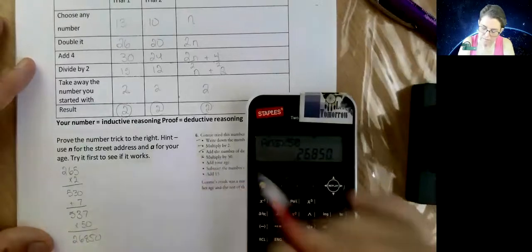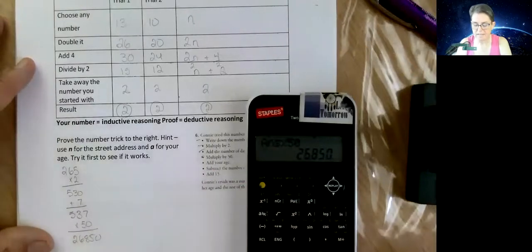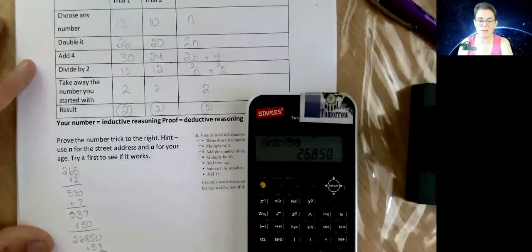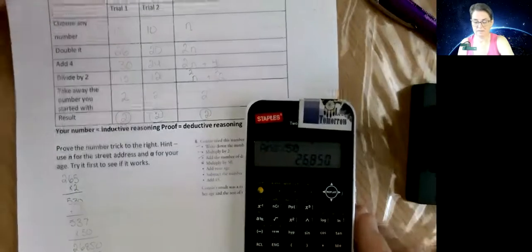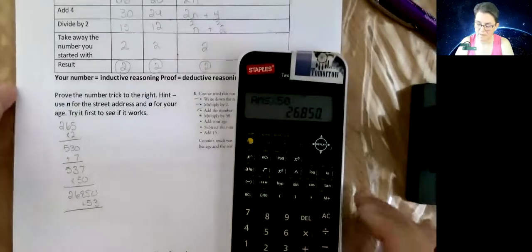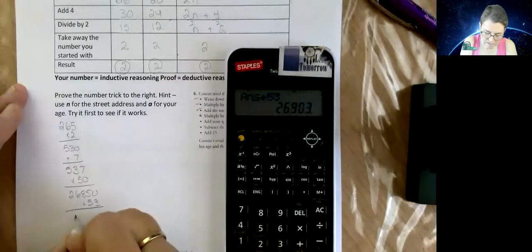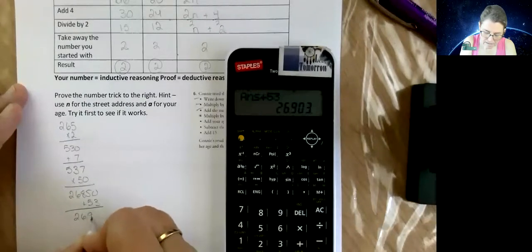All right. Seriously, add your age. Oh my, what age shall I be today? I don't feel like lying. I am 53 and quite happy with that. All right, plus 53 is 26,903.